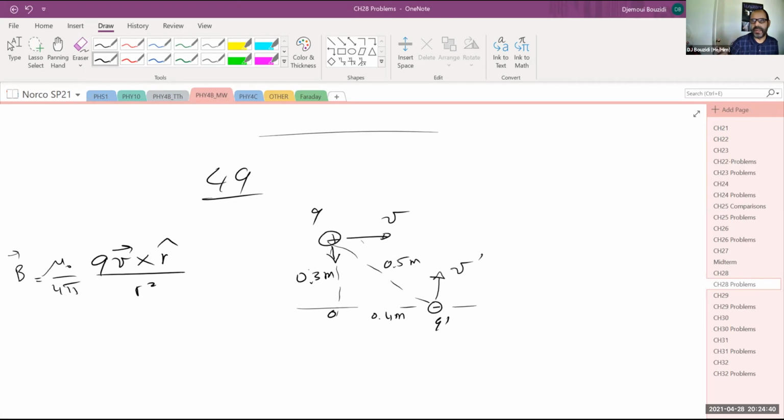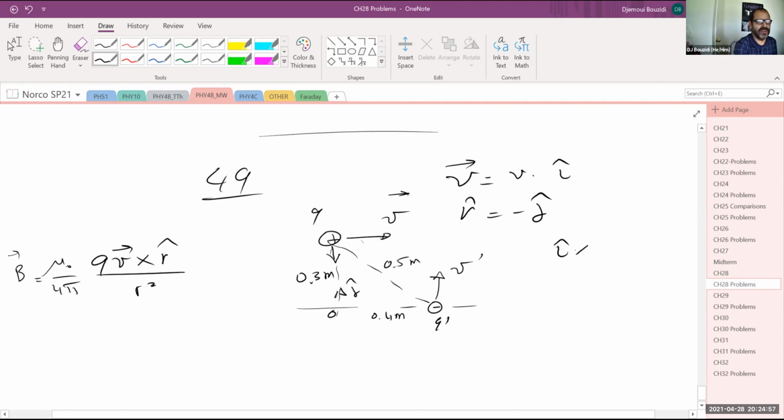You can just do the cross product, okay? Because you have everything. You have V, which is some number which they gave you in the problem, in the i hat direction. And you have r hat, which is equal to negative j hat direction. So you're going to form the cross product of i hat cross with negative j hat, and this should be equal to negative k hat, okay?